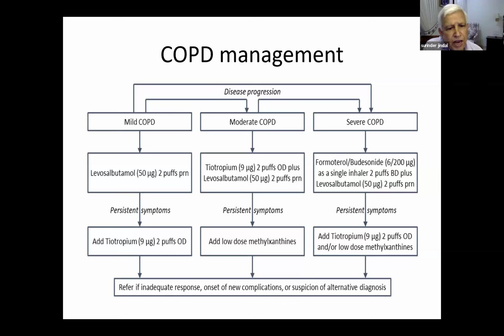And if it is moderate, then we start with tiotropium from the very beginning, which is a long-acting muscarinic antagonist. And one can use the SABAs, the levosalbutamol, as and when required. If persistent symptoms are there, then one can add low-dose oral methylxanthines. Oral drugs are very popular in this country.